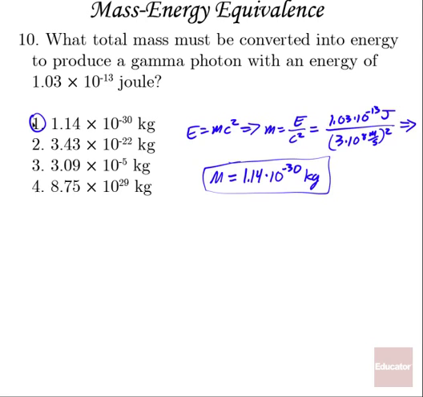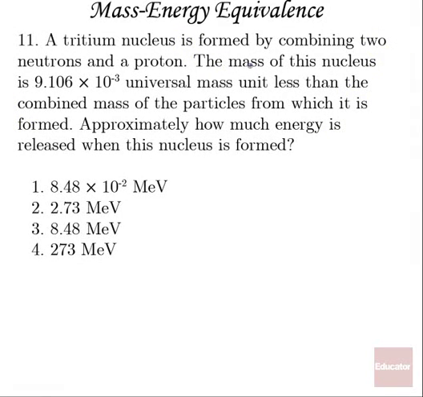All right, 2 more here. A tritium nucleus is formed by combining 2 neutrons and a proton. The mass of this nucleus is 9.106 times 10 to the minus 3rd universal mass unit less than the combined mass of the particles from which it is formed. Approximately how much energy is released when this nucleus is formed?